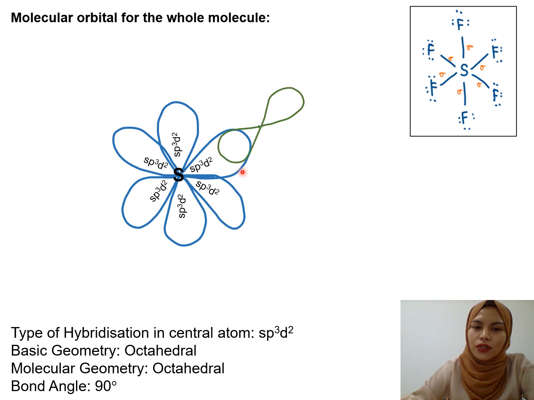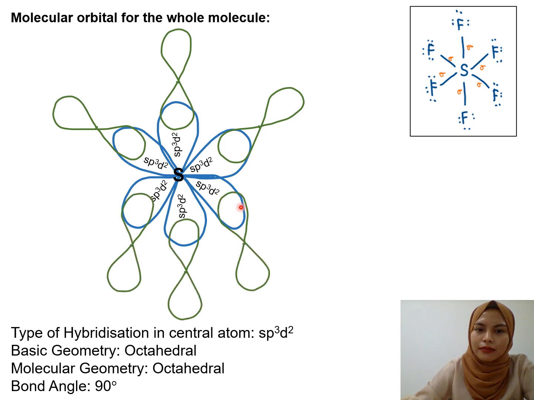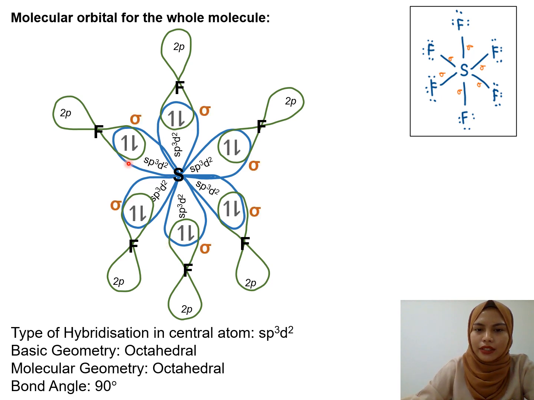So now you draw. 2p is shaped like a dumbbell, so you draw 6 dumbbell shapes that will overlap end to end with the sp3d2 hybrid orbital of S. Okay, so these dumbbell shapes belong to the fluorine atom in the 2p orbital. Okay, and after they overlap end to end, they will share a pair of electrons.